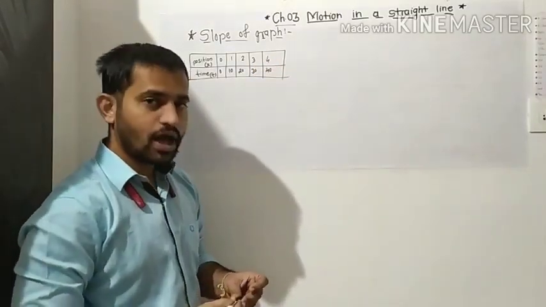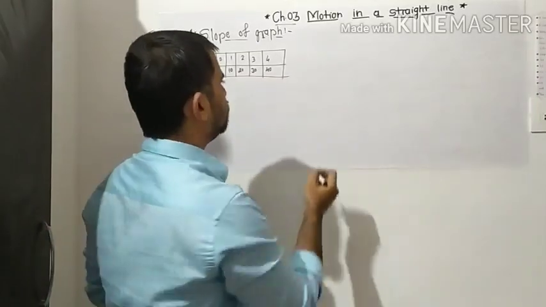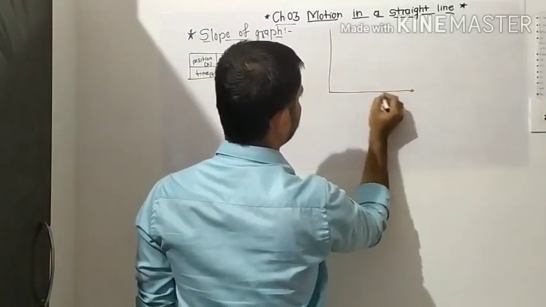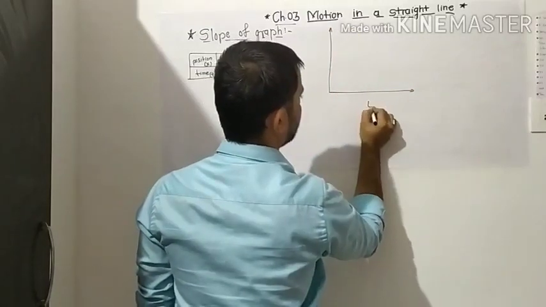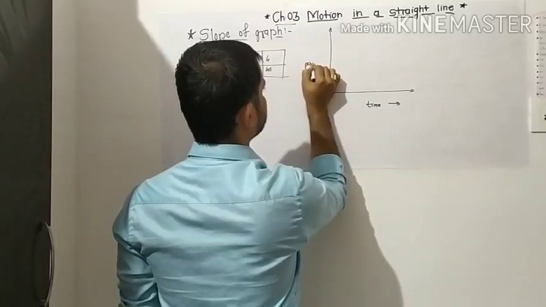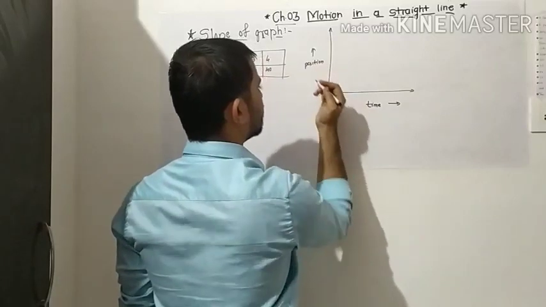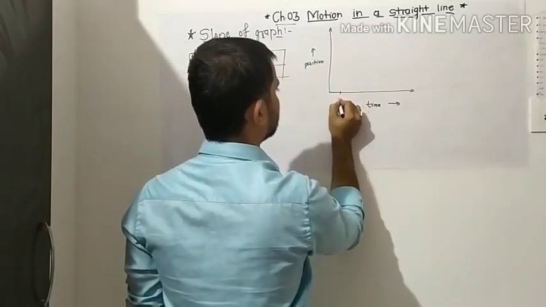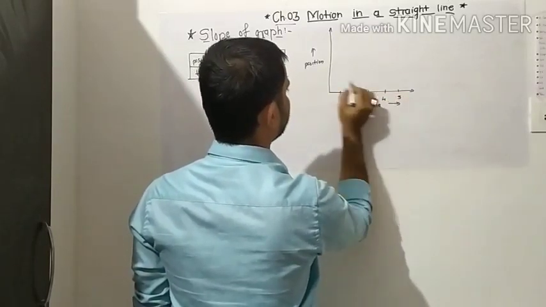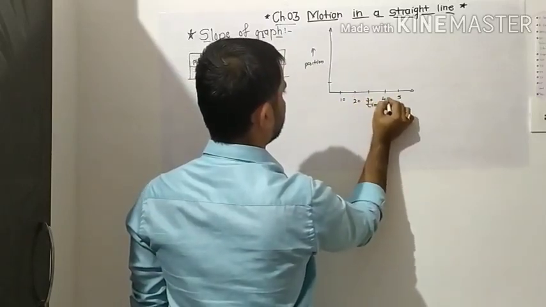Then how can we represent this? We have learned this previously. We can represent this by considering one quantity along each axis. Let us take time along one axis and position along the other. Position is 1, 2, 3, 4, 5 and time is 10, 20, 30, 40, 50.